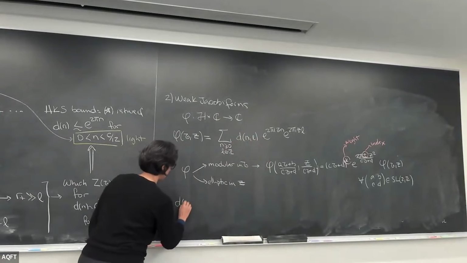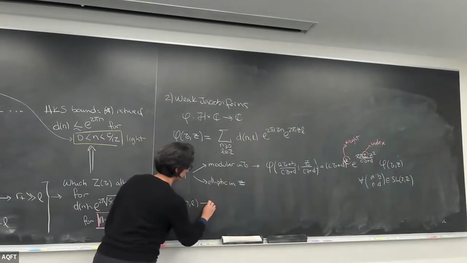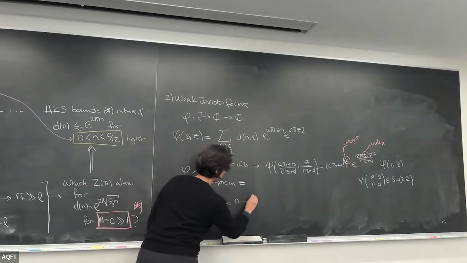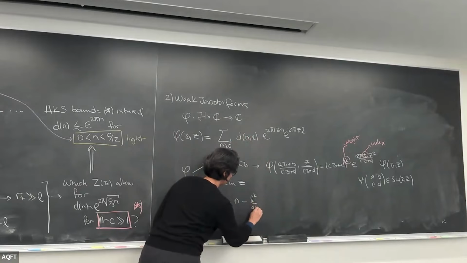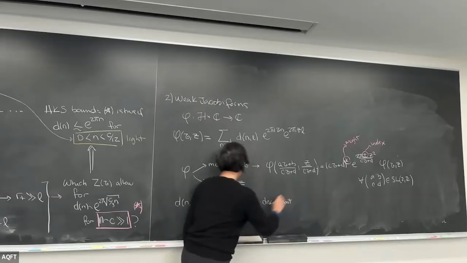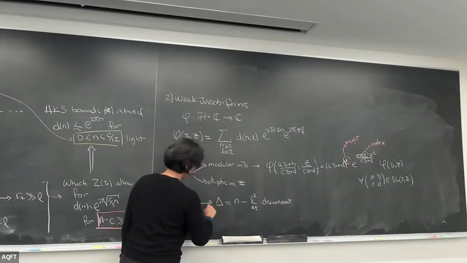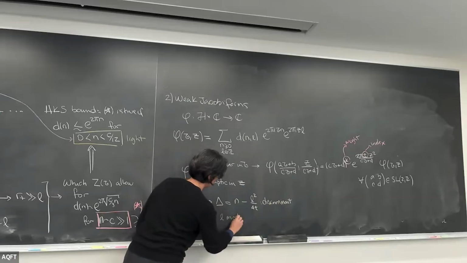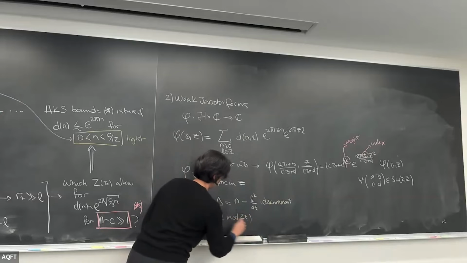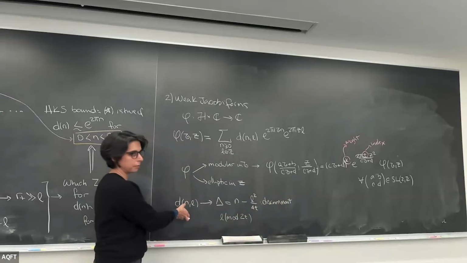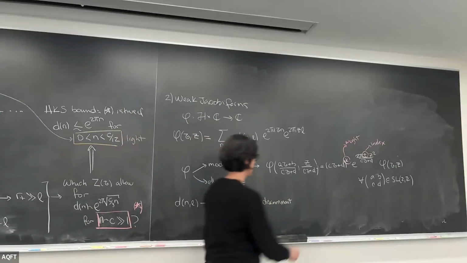So this D of N and L is convenient to think of in terms of delta, which I'll write as N minus L squared over 4T. And also, of course, they don't just depend on the discriminant, they also depend on L mod 2T.